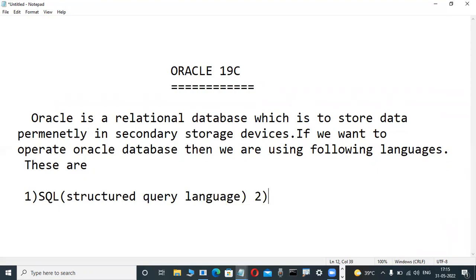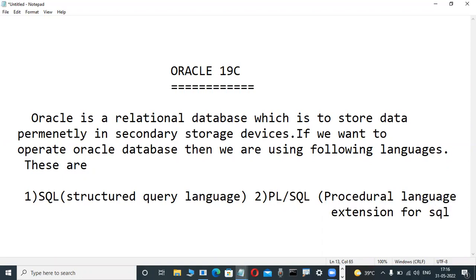Second one, PLSQL, within brackets, write it. Procedural language extension for SQL.